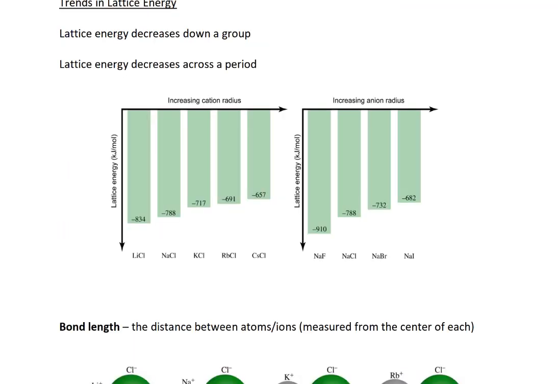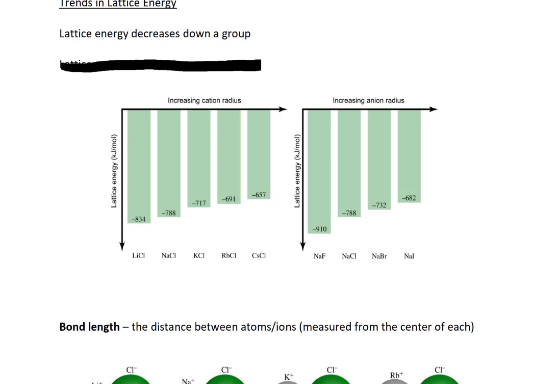All right, so let's look at some trends in lattice energy. Then let's focus on the lattice energy inside of a group. When we look at lattice energy inside of a group, remember that groups are columns on the periodic table.